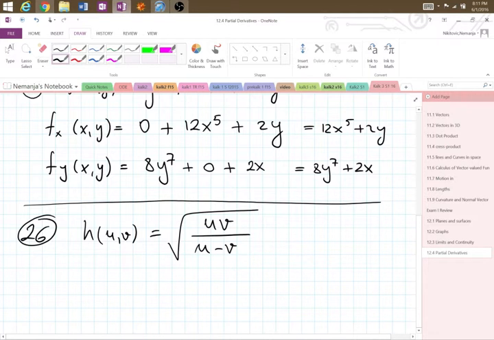There we go. Good luck. What's the partial derivative of h in respect to u? Put those derivative skills to use now.